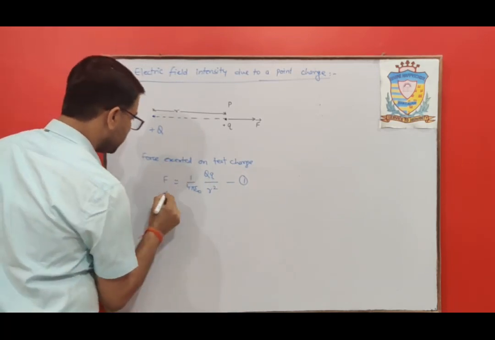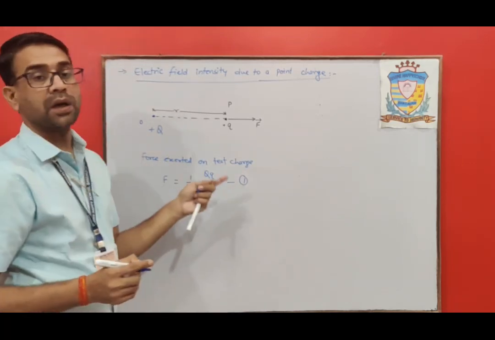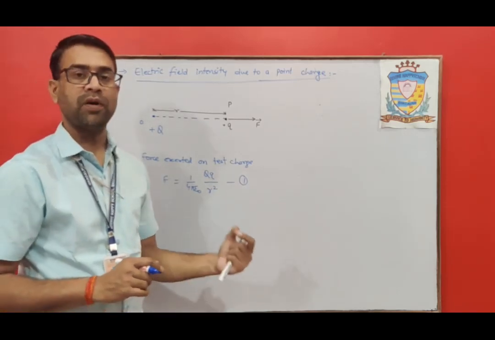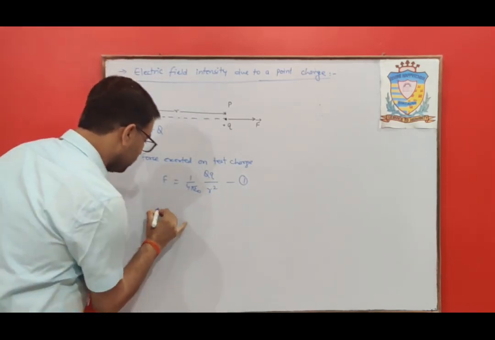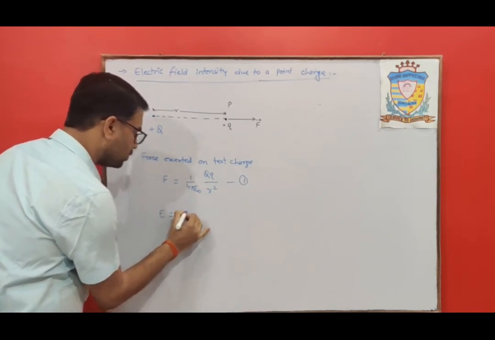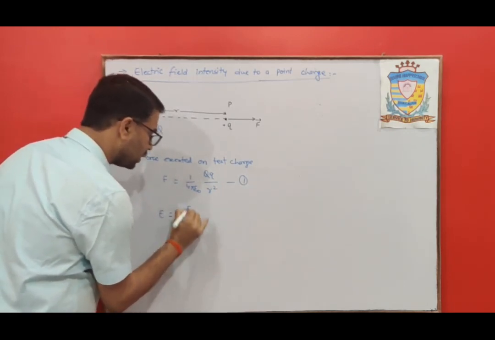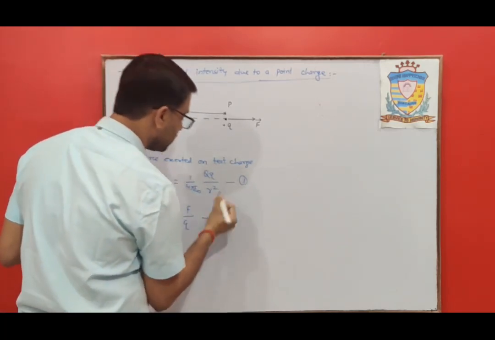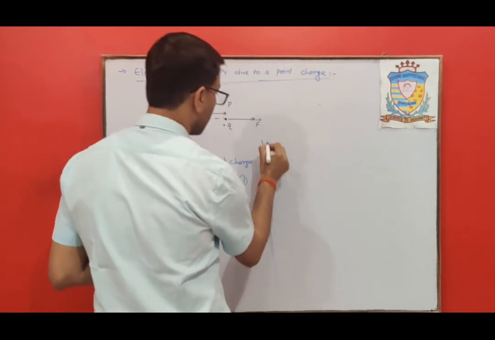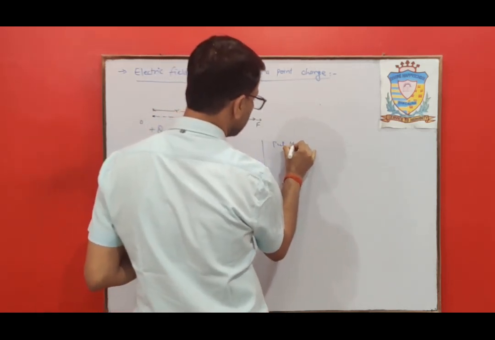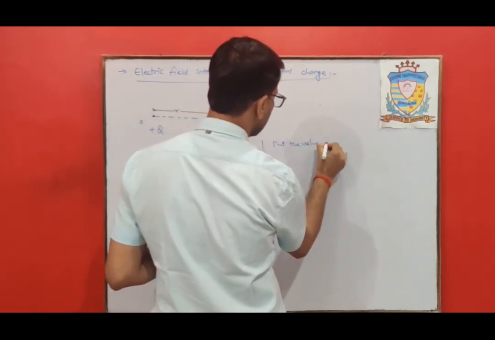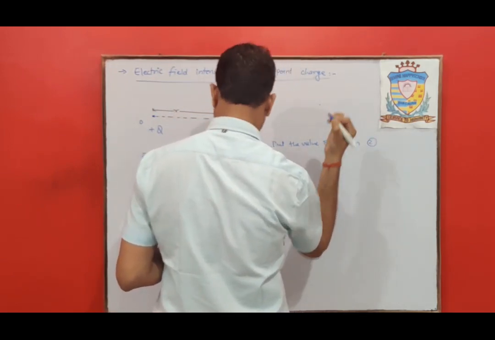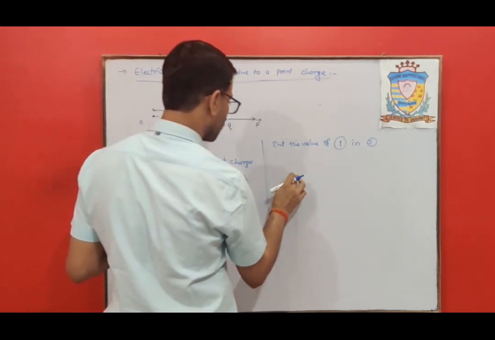Next, now we'll find the electric field intensity. What is the value of electric field intensity? That is E equals F upon the test charge. So E is equal to F upon q. Here the value of the test charge is q. This is our equation number 2. Put the value of 1 in 2. What do we have now?